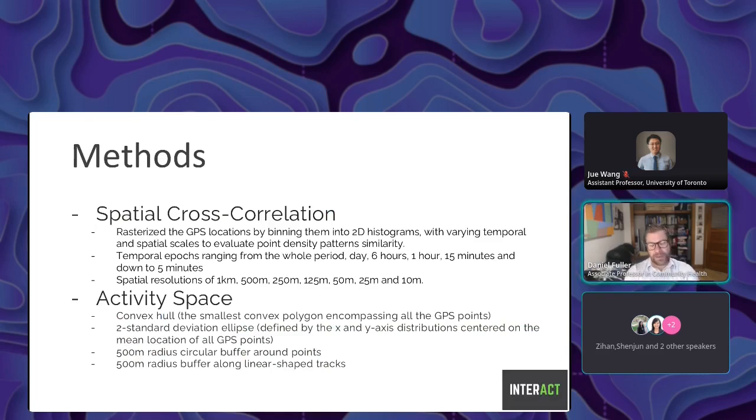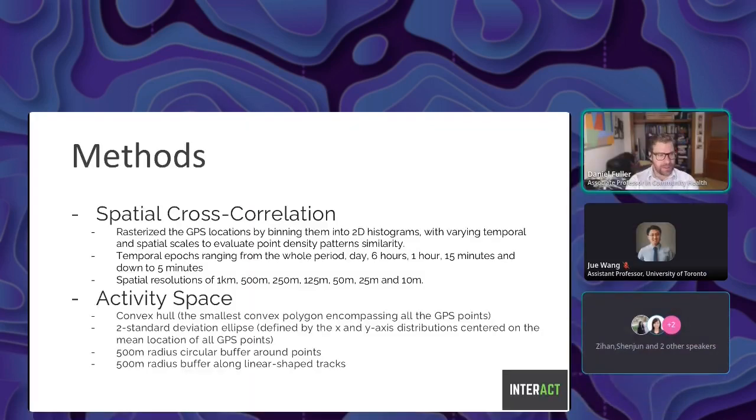In order to examine the differences, we used spatial cross-correlation between the GPS points collected from the dedicated GPS device, SenseDoc, and the smartphone app. We examined temporal epochs ranging from a whole day, the whole study period, which is about 10 days, 6 hours, 1 hour, 15 minutes, and down to 5 minutes, and spatial resolutions of 1 kilometer, 500 meters, 250, 125, 50, 25, and 10 meters.